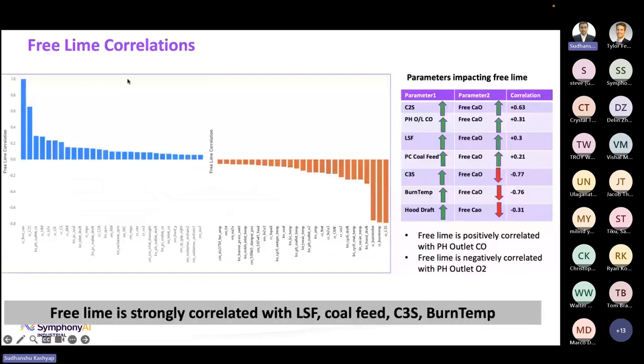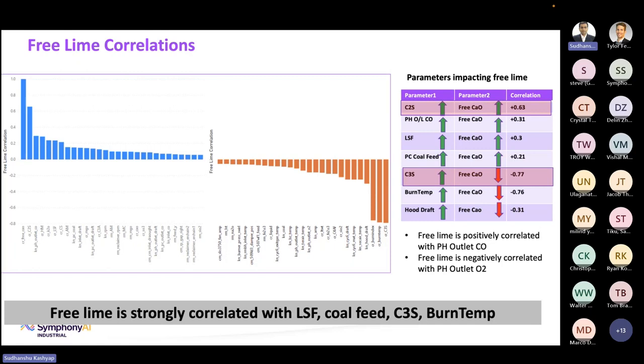If you want to look at free lime and all the process parameters, here is a correlation chart. As you can see, free lime is heavily positively correlated with dicalcium silicate. Whenever dicalcium silicate is high, free lime is also high, and it's negatively correlated with tricalcium silicate.